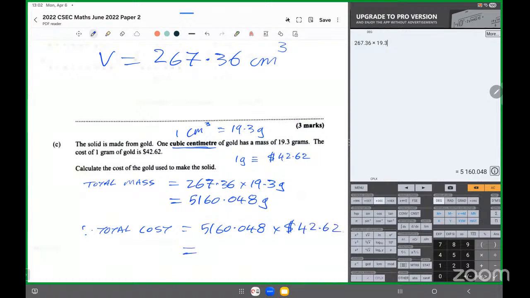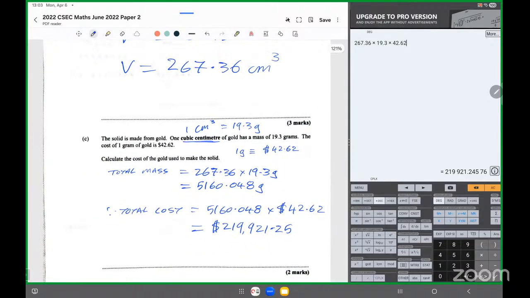Work that out, and we get this amount of money: $219,921.25. That is the amount of money, the total cost. What do you get for that?